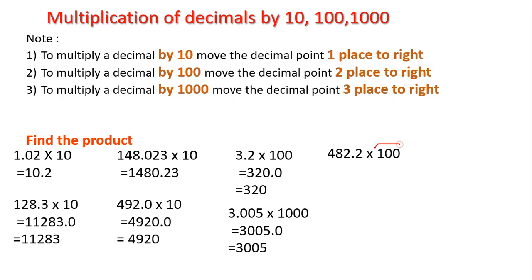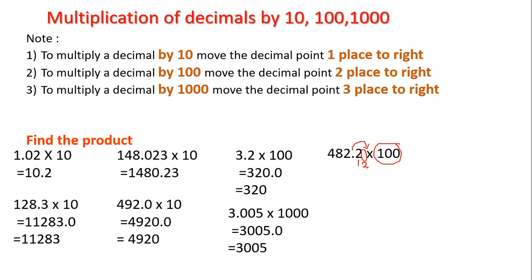Next problem, find the product of 482.2 into 100. To multiply with 100, we have to move the decimal point 2 places to the right side. But in the given number, there is only one place in the decimal part. So to move this 2 places right side, we will use 0. After using 0, we will place the decimal point next to the 2 places. That is, 2 will become the first digit, 0 will become another digit.